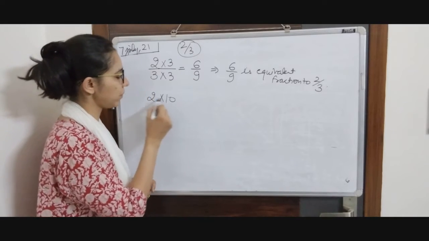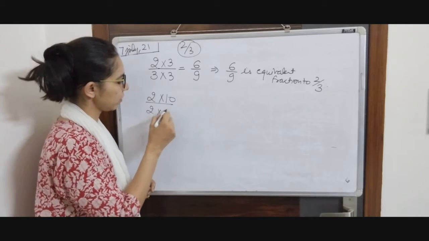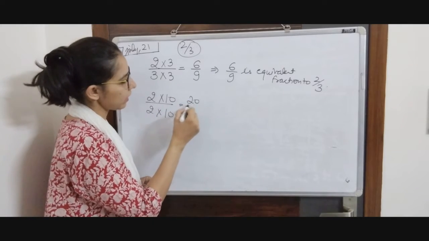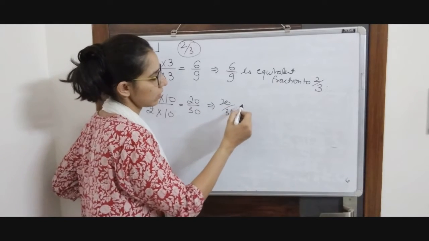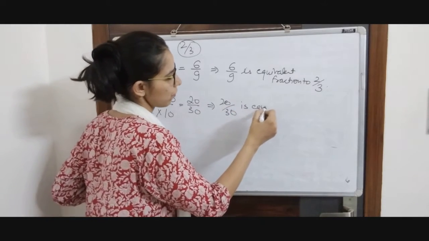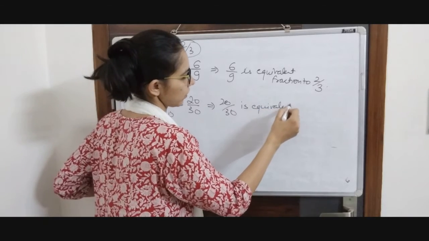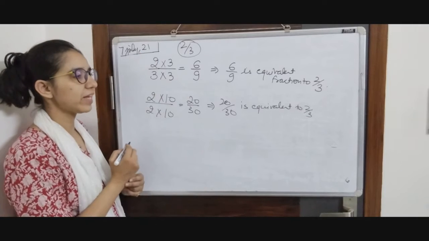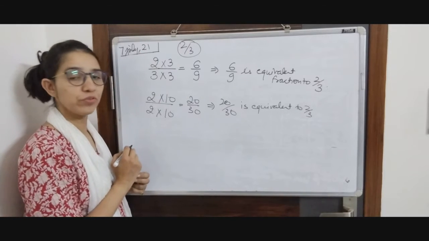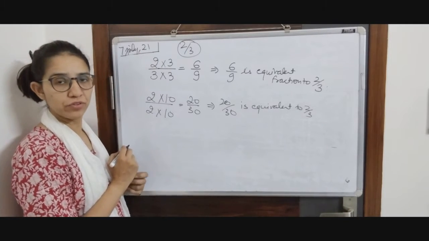So suppose we are multiplying by 10. So we are going to get 20 by 30. Implies 20 by 30 is equivalent to 2 by 3. Okay. Similarly, we can get as many equivalent fractions of any fraction given.